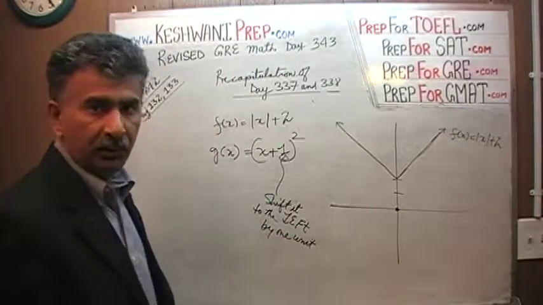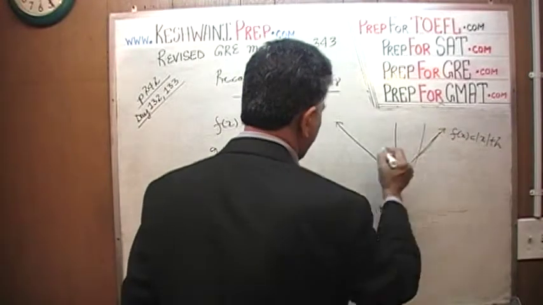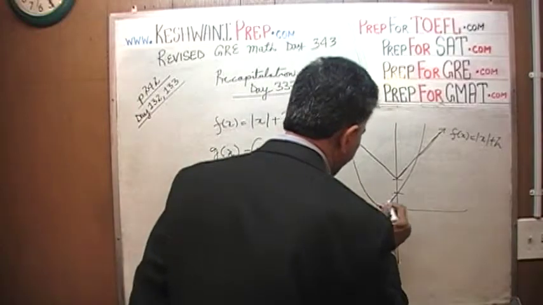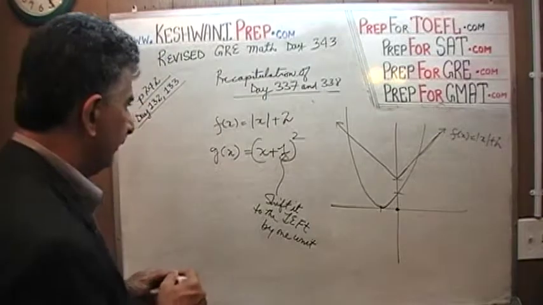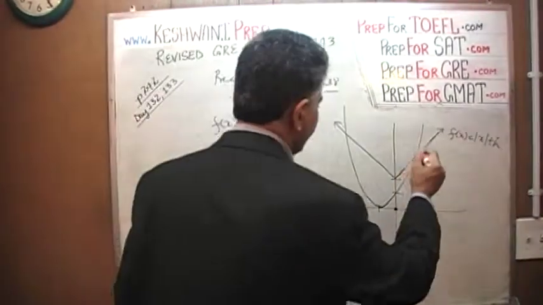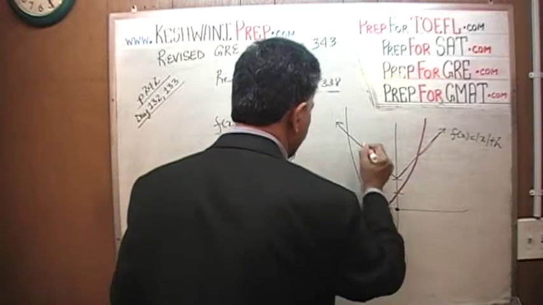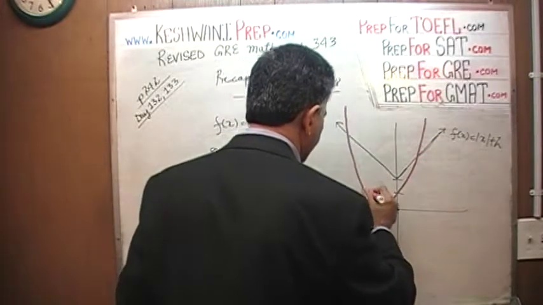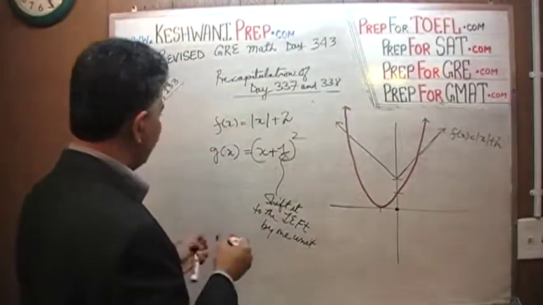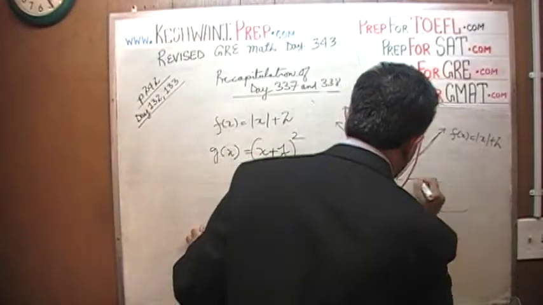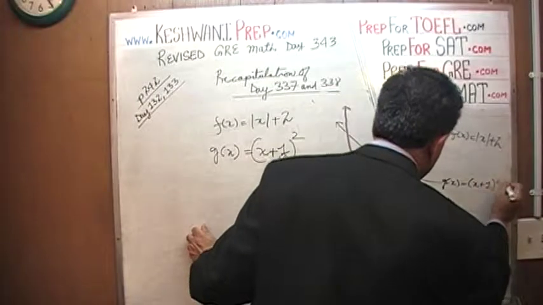That's it. It's a simple parabola that sits like this. Instead of sitting here, it's going to sit right here. So there you go. There is your parabola. That's it, we're done. Let me redraw it with a different color so we can see it properly. There is our parabola, and that parabola is the g of x, which is (x plus 1) squared.